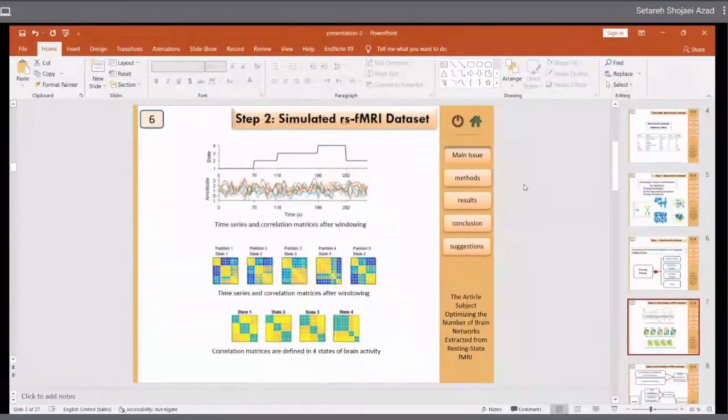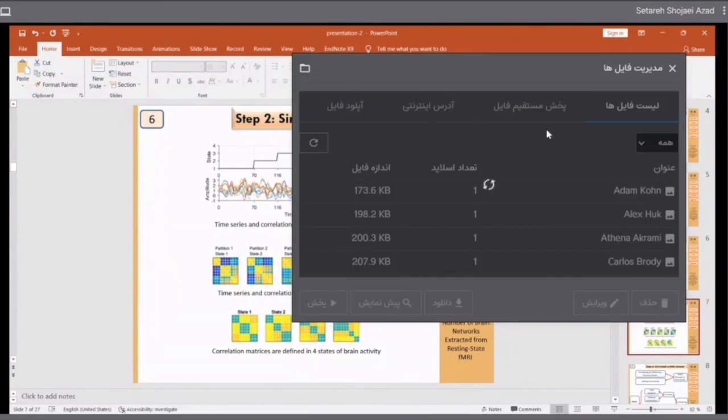For step 2 of our study, we used Dr. Allen's simulated resting state fMRI dataset, which they used to validate their clustering approach, and they simulated this resting state based on a dynamic neural connectivity model in the SimTB toolbox.